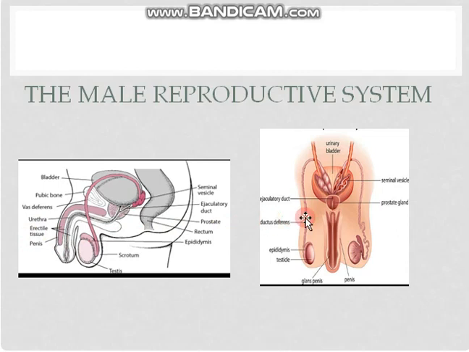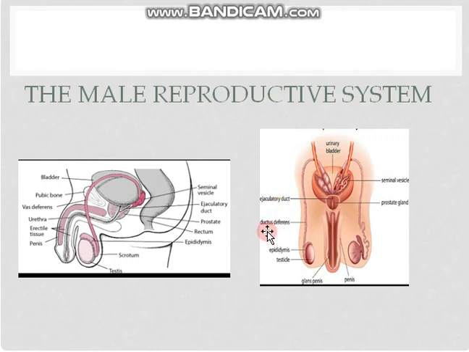Now when you come to the right side of the diagram, it's basically the same thing but from a different view. You can see the penis, the glans penis, the testis, the epididymis, the vas deferens, which is also known as the sperm duct, the prostate gland, the seminal vesicle, the urinary bladder, and the ejaculatory duct.